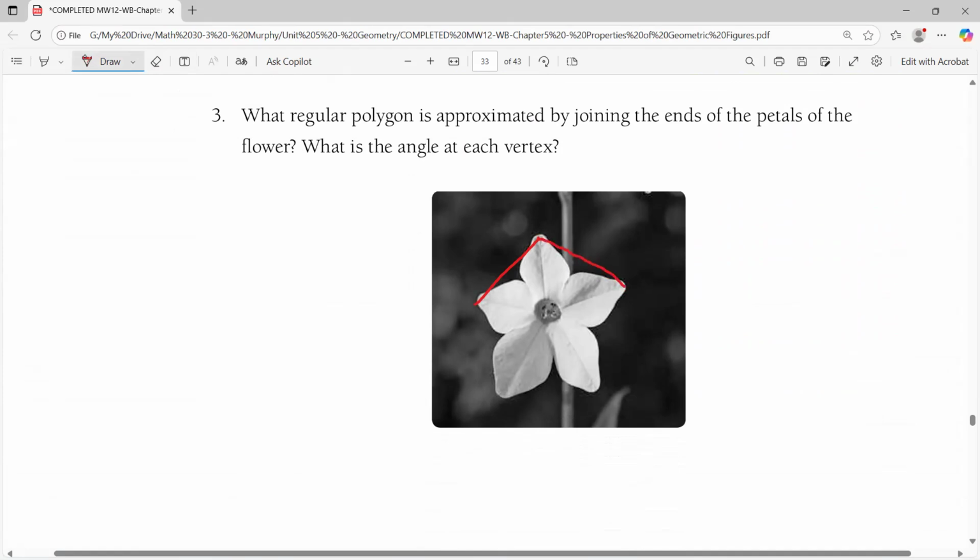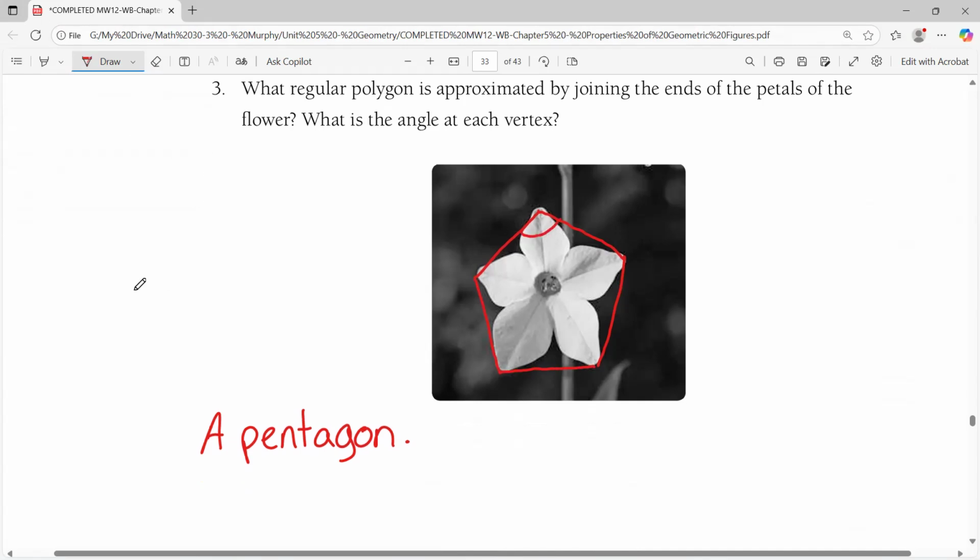Over to here, down to here, like that. That looks like a pentagon. 5 sides.